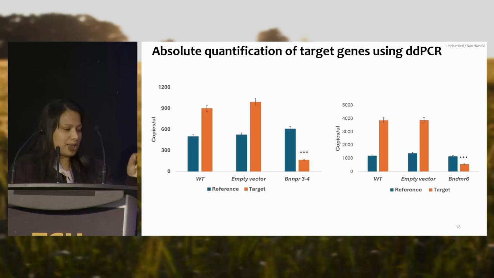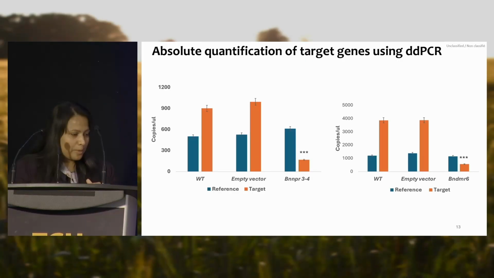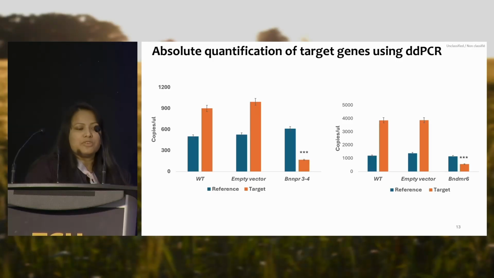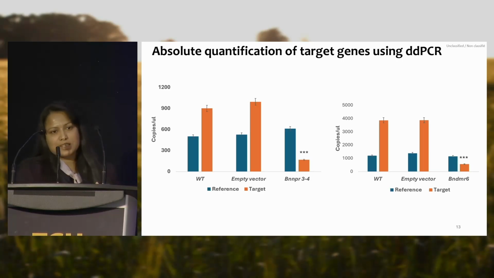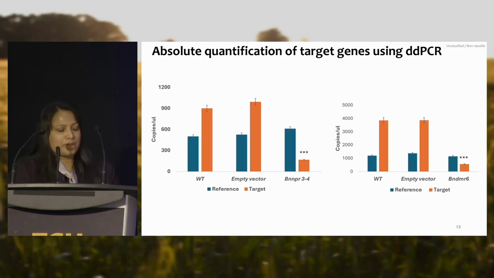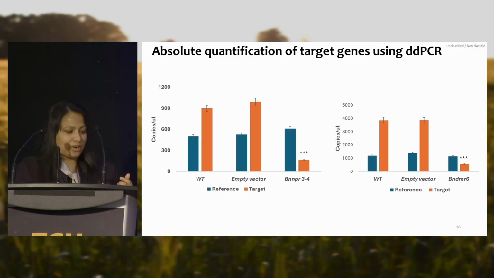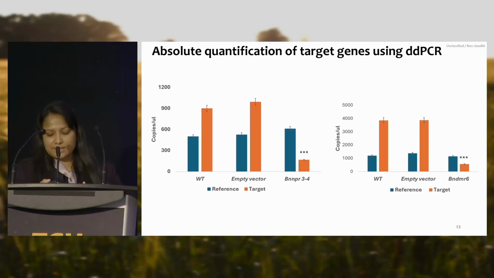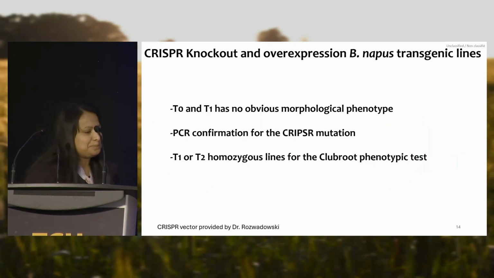As you can see, the reference gene, the housekeeping gene, was expressed consistently across the plants, and compared to wild type and the empty vector, NPR3/4 and DMR6 were strongly reduced. So these results confirm that the resistance phenotype we have seen in the previous experiment is because of the actual effect of silencing our target gene.